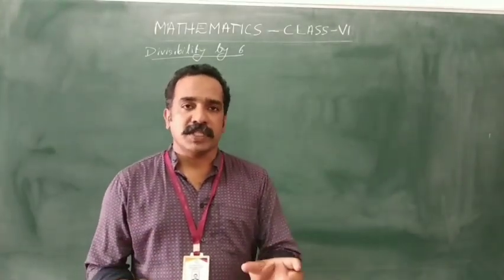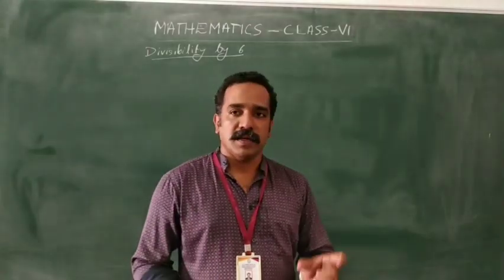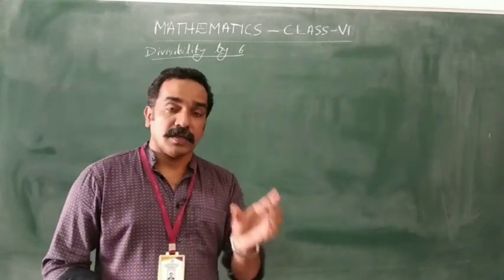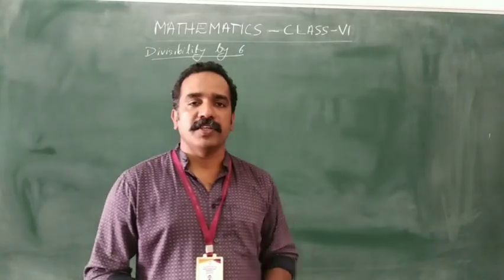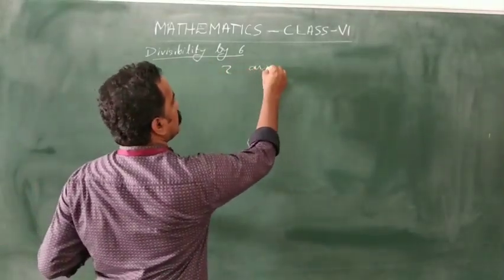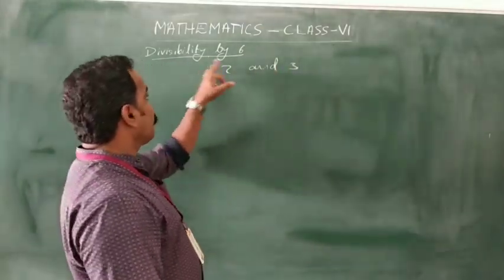We just have to check whether that number is divisible by 3 and 2. That means if a number is divisible by both 2 and 3, then that number is divisible by 6.